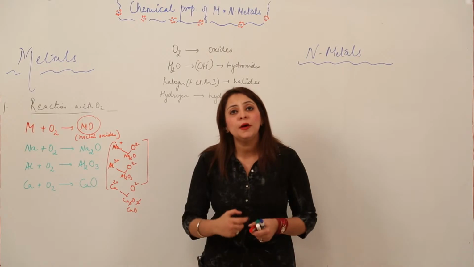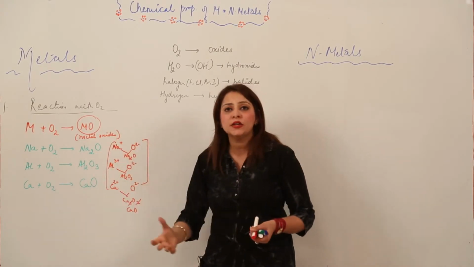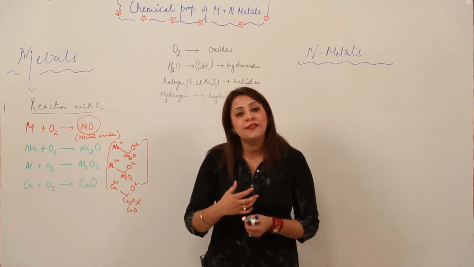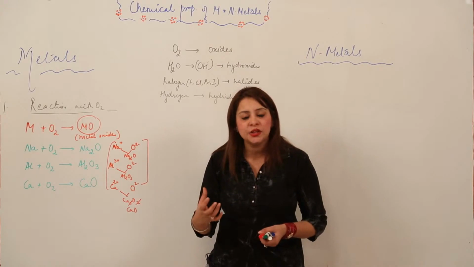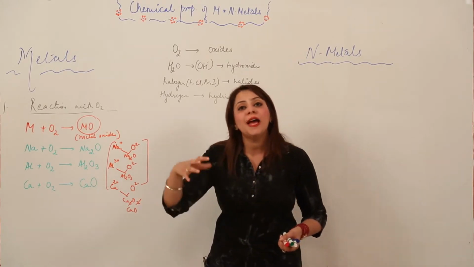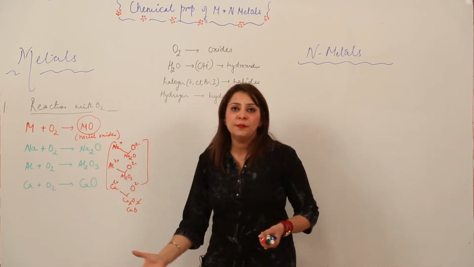Now, when I talk about the nature of the metal oxide, you know that every chemical substance has a certain nature. Either it is acidic, or it is basic, or it is neutral, or we have the amphoteric one, right? So what is the nature of the metal oxide?